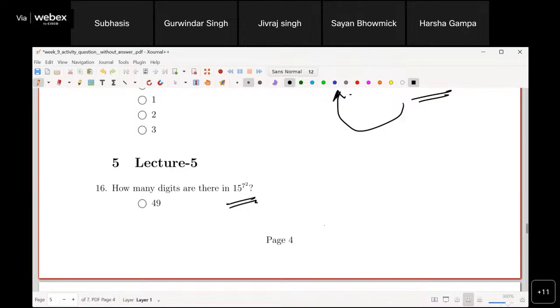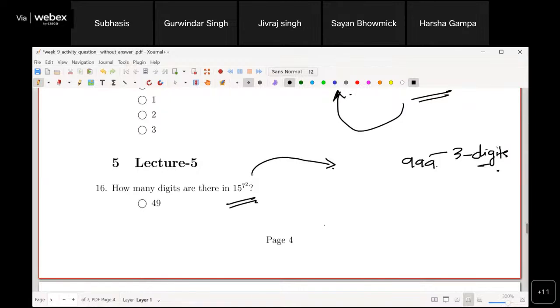The main idea is if you have a number with k plus 1 digits. Suppose this is a number with 3 digits.